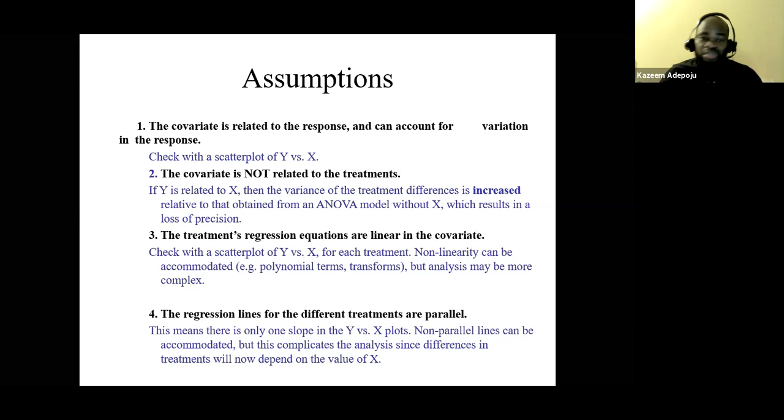And that is why I said, if Y is related to X, then the variance of the treatment differences is increased relative to that obtained from an analysis of variance model without X, which results in a loss of precision.